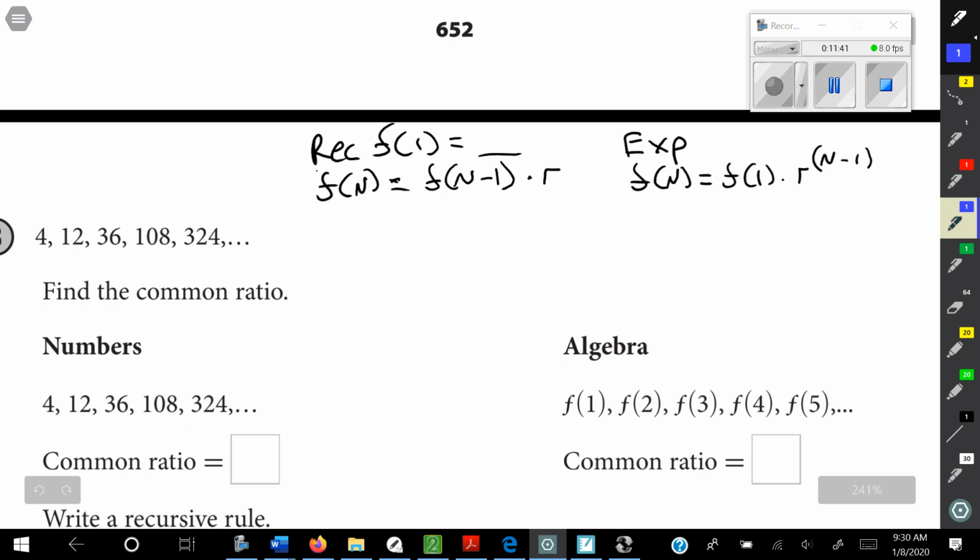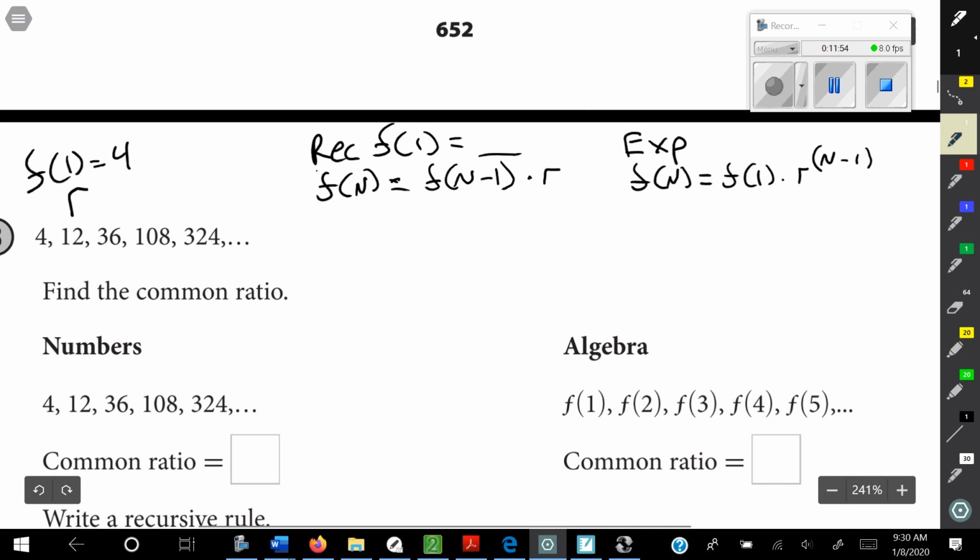Alright, I have my sequence over here, 4, 12, 36, 108, and 324. And I'm going to write the first term. What is f of 1? f of 1 is 4. And then the common ratio. The common ratio is equal to 12 divided by 4, which is 3.